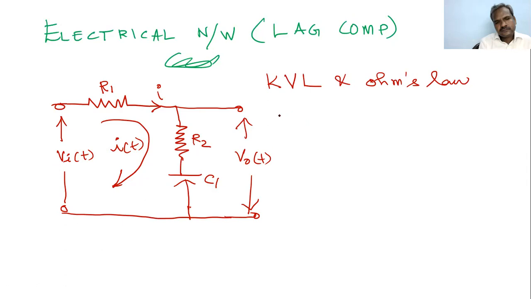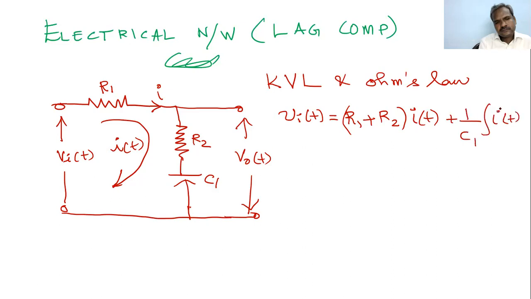Input V i of t equal to R1 plus R2, since R1 and R2 are in series, times i of t, plus 1 by C1 integral i of t. So this is the KVL for this loop. This is equation number 1.